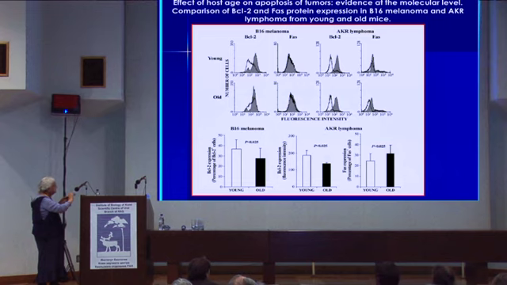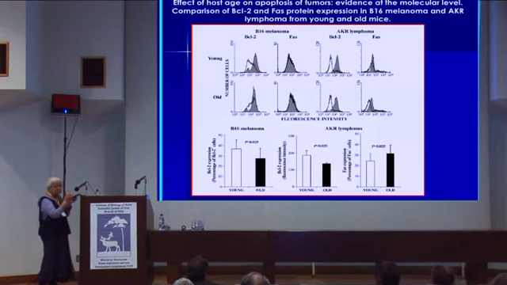At the molecular level, we can see the evidence that apoptosis is stronger in old than in young mice, since we have lower BCL2 expression in old mice in B16 melanoma than in young ones.